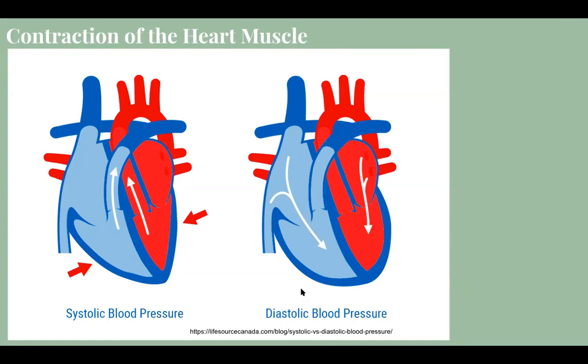On the other hand, the diastolic blood pressure is when your ventricles are relaxed, but your atria are contracting to fill up the ventricles with blood to be pumped out. So in summary, systolic blood pressure, ventricles are contracting to pump blood out. Diastolic blood pressure, ventricles are relaxed and are being filled up with blood.